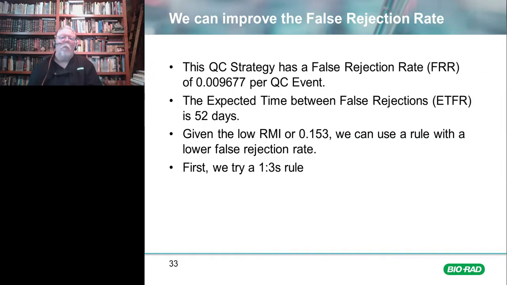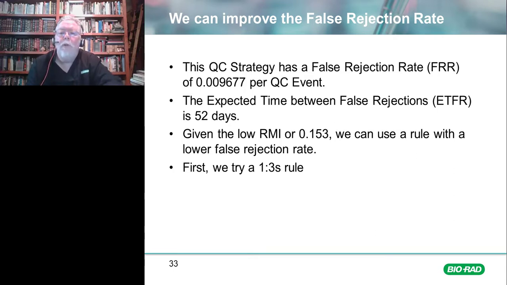Okay, so what can I do with this? Well, my expected time between false rejections is 52 days. Now, that's not horrible, but glucose is not the only thing that I'm testing. And so what I would really like to do is take advantage of this low RMI and see if I can lower my false rejection rate.